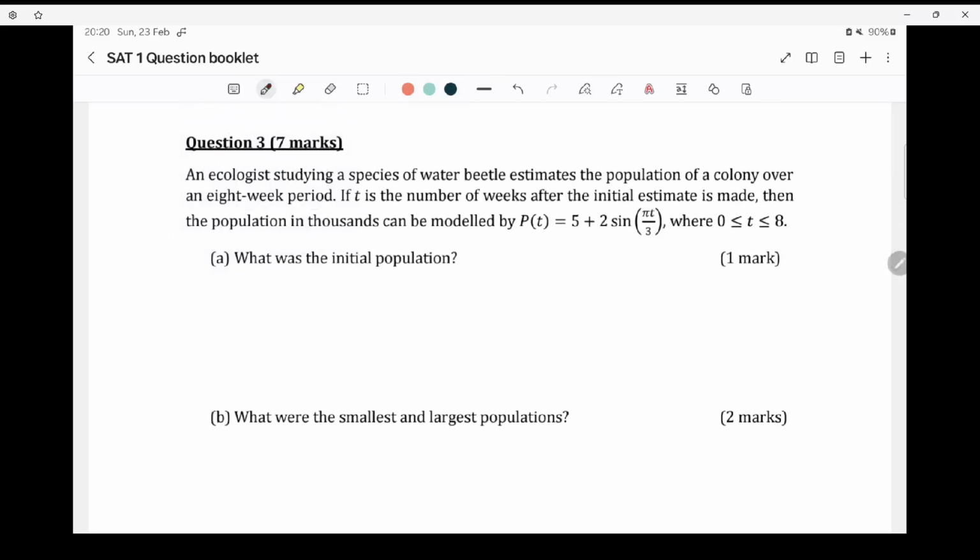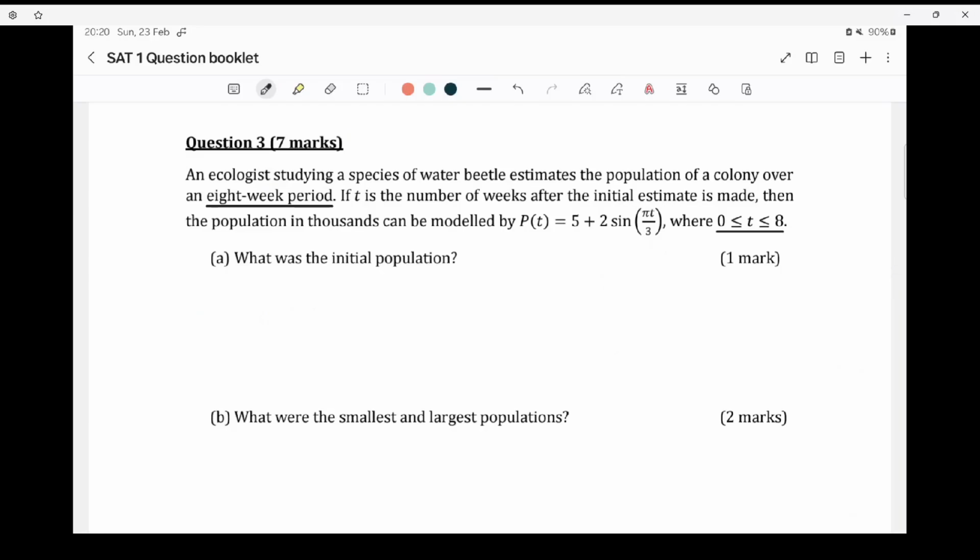Question 3. Ecologists study a species of water beetle, and estimate the population of a colony over an 8-week period. If t is the number of weeks after the initial estimate is made, take note that t is from 0 to 8. So this is the equation. The initial population.